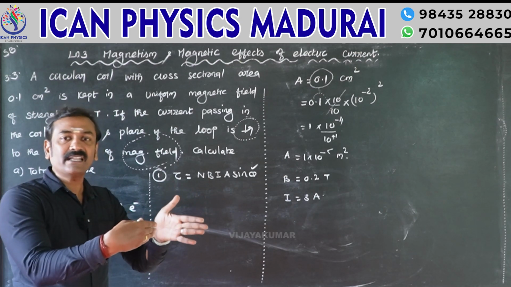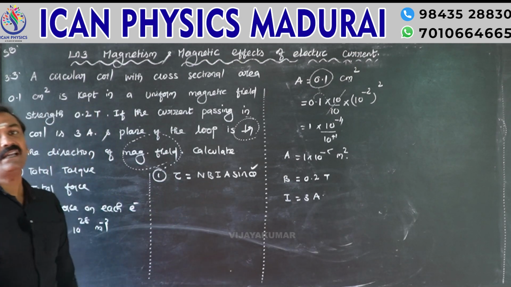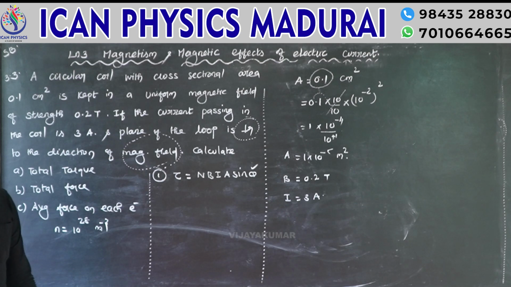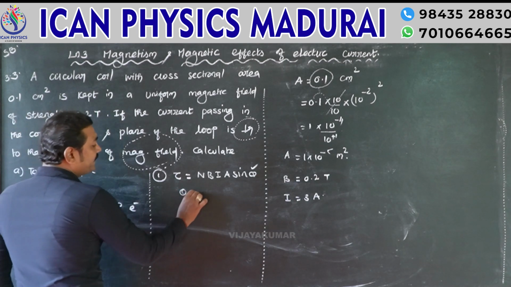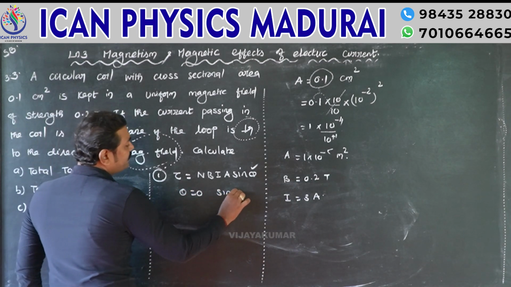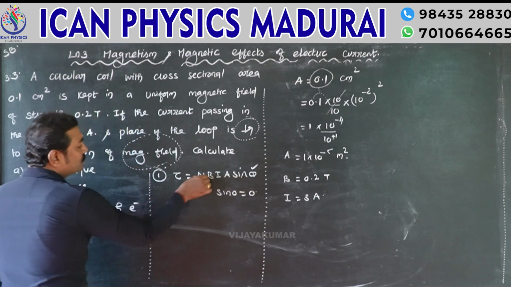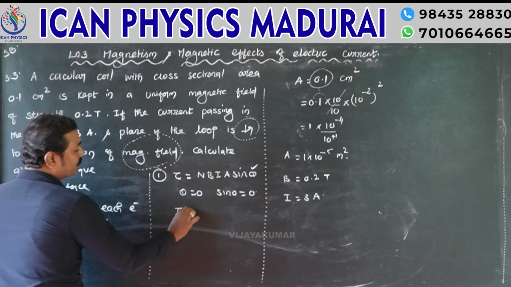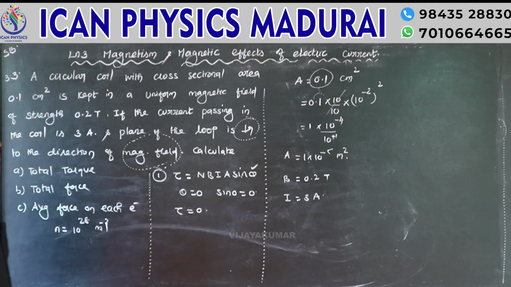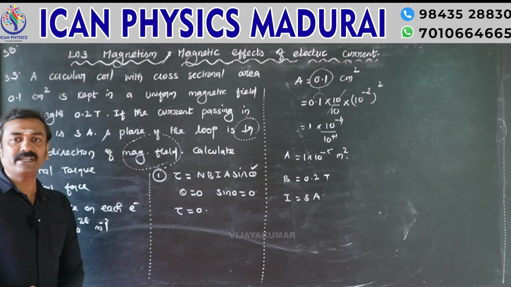Then, when we draw the normal, the angle between the normal and the magnetic field becomes 0. So when theta equals 0, sin 0 equals 0. So 0 into something is 0. So the total torque acting on the coil is 0. Do you get it now? Do you have any doubts?